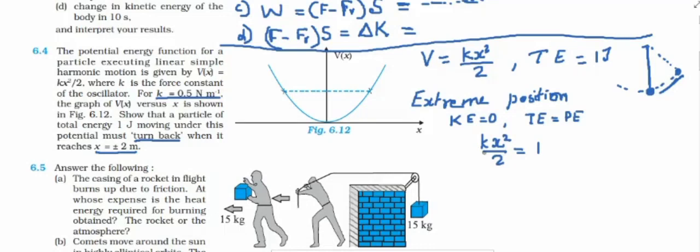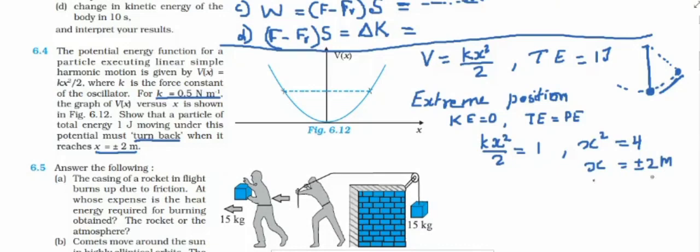Now substitute the value of k. When you substitute the value of k, you will get x square is equal to 4. Take the square root of the equation: x is equal to plus or minus 2 meter.